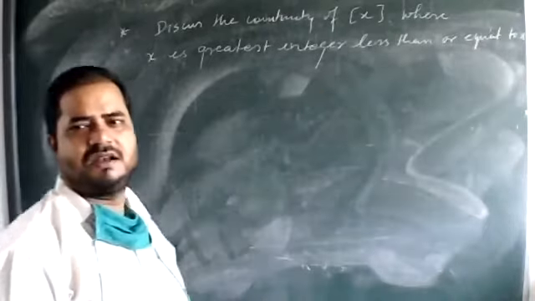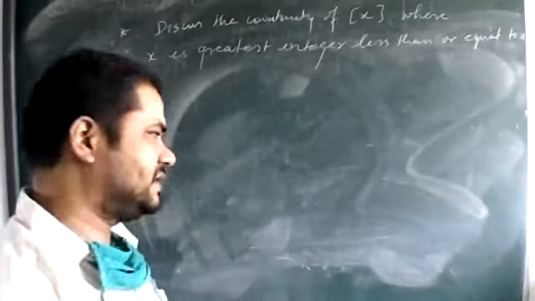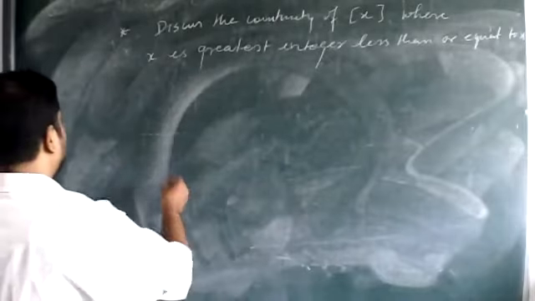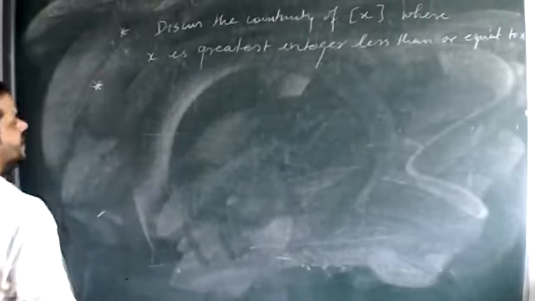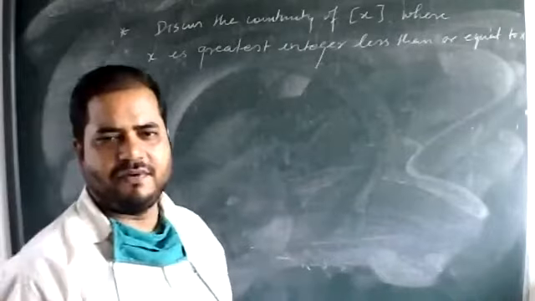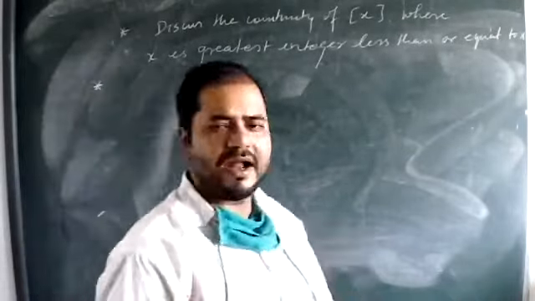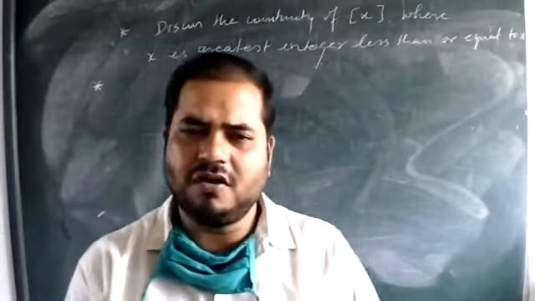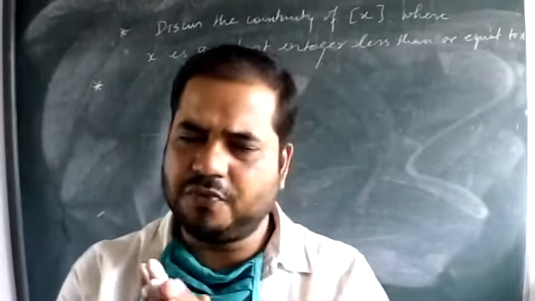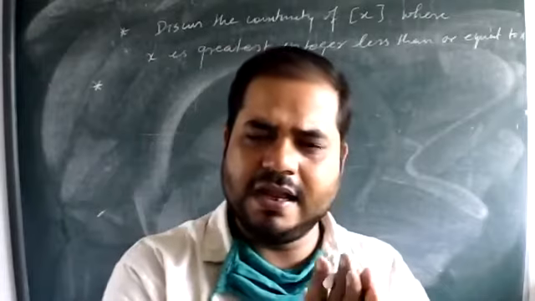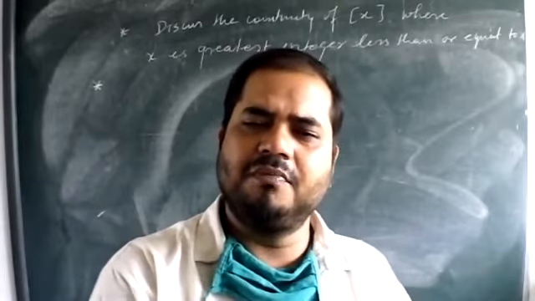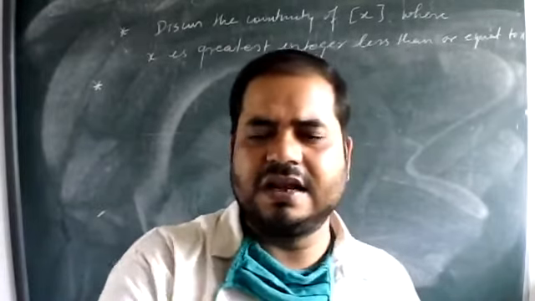You know very well, if we discuss the continuity of the bracket function, then if you put in the bracket any real number except an integer, then it is again a non-integer.